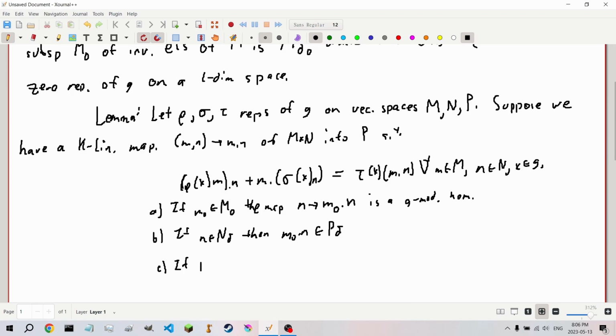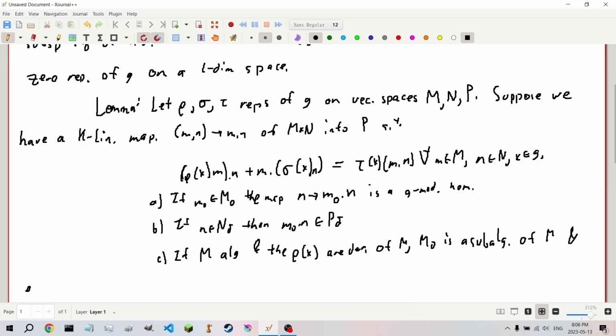C: if M is an algebra, and the images of X in G under rho are derivations of M, then M0 is a subalgebra of M, and each M delta is a right and left M0 module.